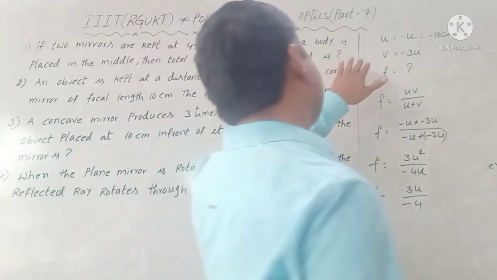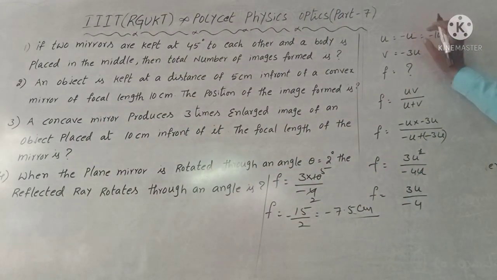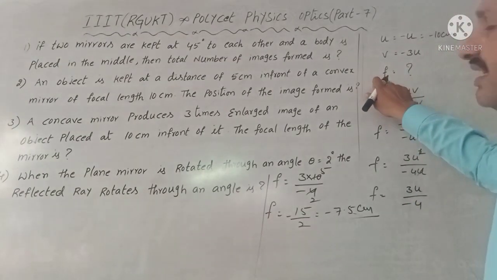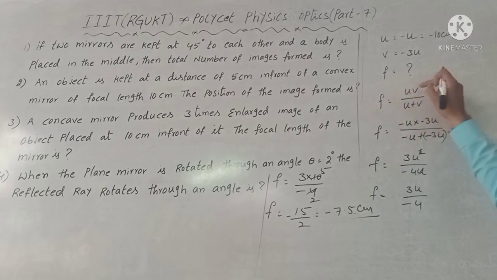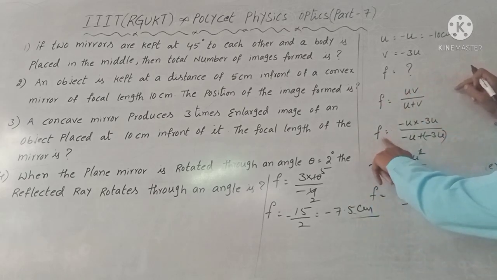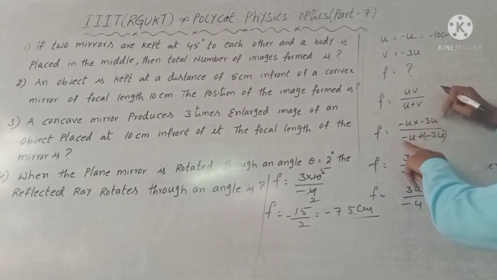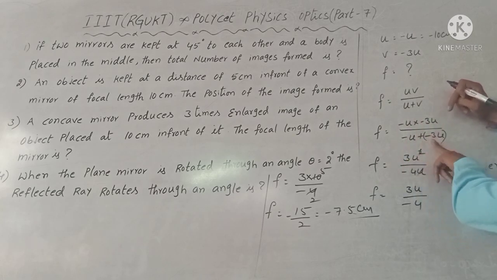Okay, first the object distance is given as negative. Then the image distance is 3 times more than the object distance. That's why we take minus 3u. Then you find the focal length. So f is equal to uv by u plus v. That is minus u into minus 3u by minus u plus minus 3u.